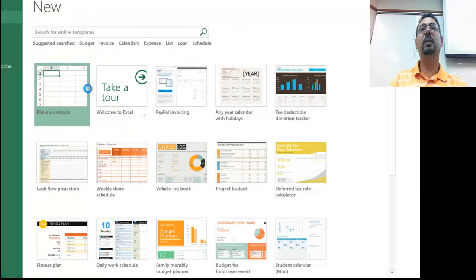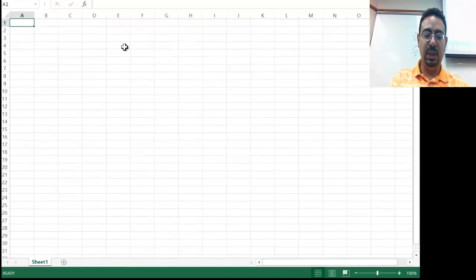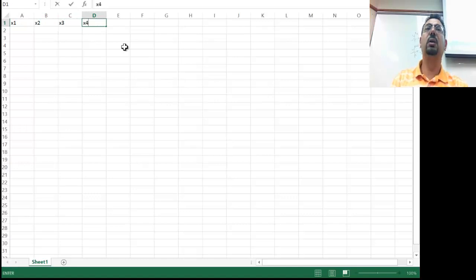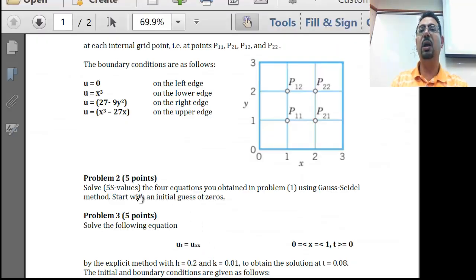The way we explained before. Basically, you would say, here's my x1, here's my x2, here's my x3, here's my x4. Okay, and then what are the relations? This is the initial value. He actually said start with 0 initial value, right? Start with an initial guess of zeros.